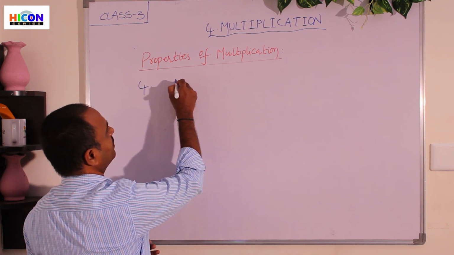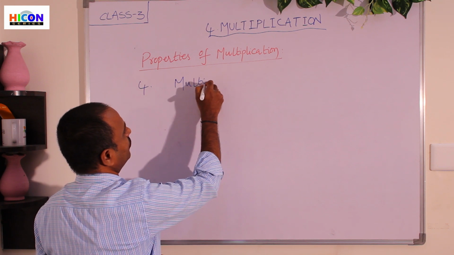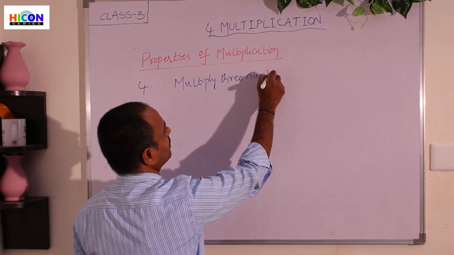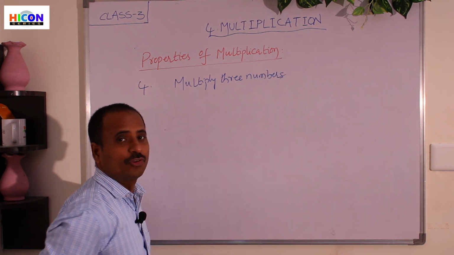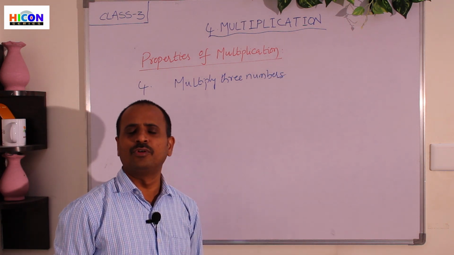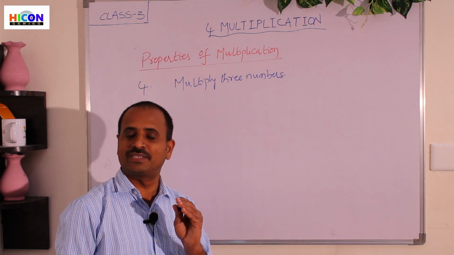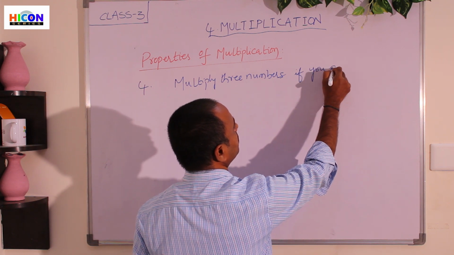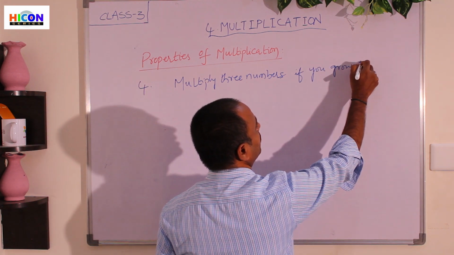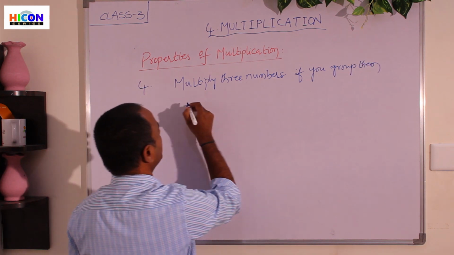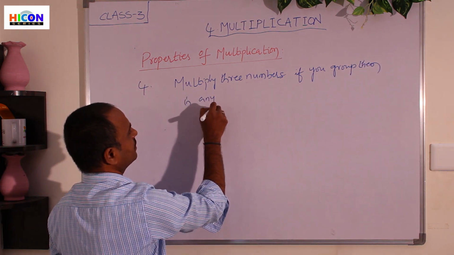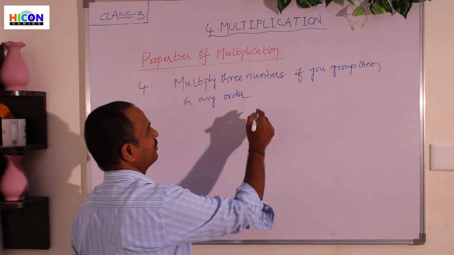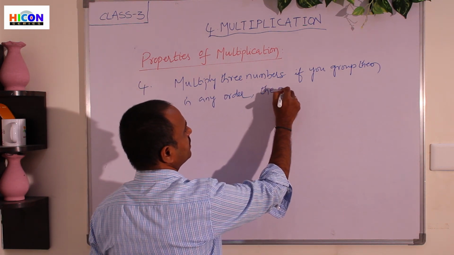So children, if you multiply three numbers and if you group any two numbers among the three numbers in any order, the product is same.